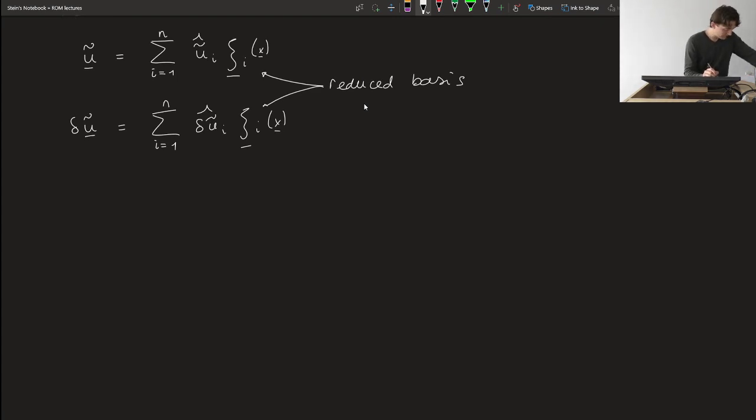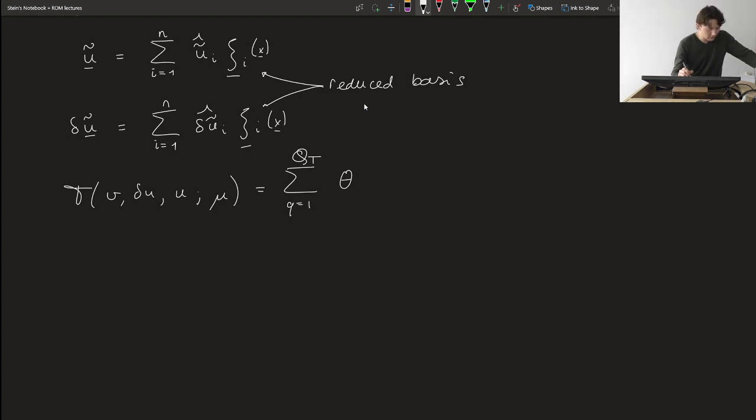So I'm just going to state this: our trilinear form, V, del U, mu, is going to be equal to a finite sum of big Q_T components, from q equal to 1, of these phi's that depend on the parameter, multiplied by trilinear forms that are independent of the parameter. So this is our standard assumption of affinity.